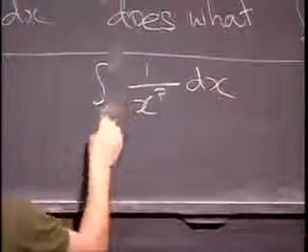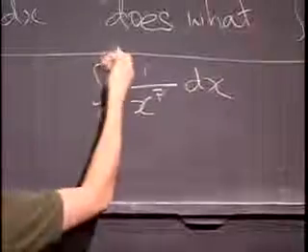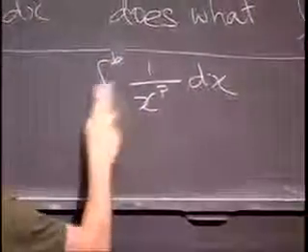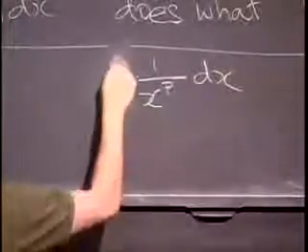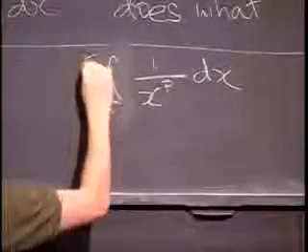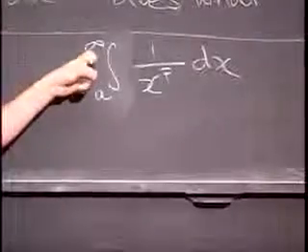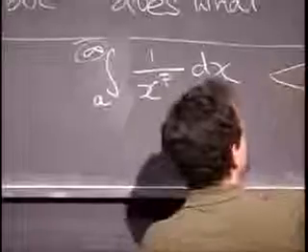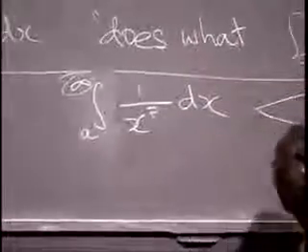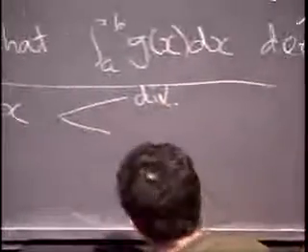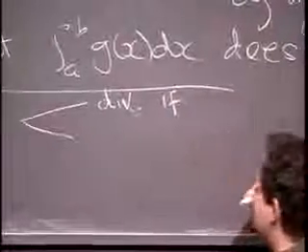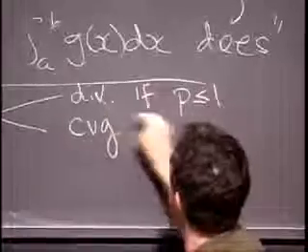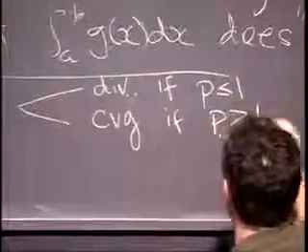the problem spot at 0, if the problem spot is at 0, actually I did the infinity case first, just to be consistent with what I did last time. If it goes from a to infinity, so the problem spot here is at infinity, you need to know that this diverges if p is less than or equal to 1, but converges if p is greater than 1.